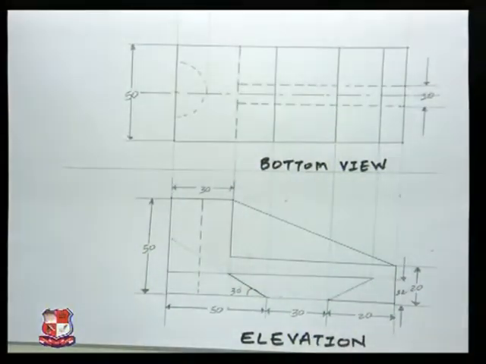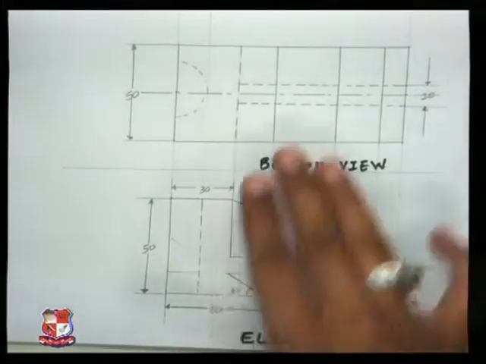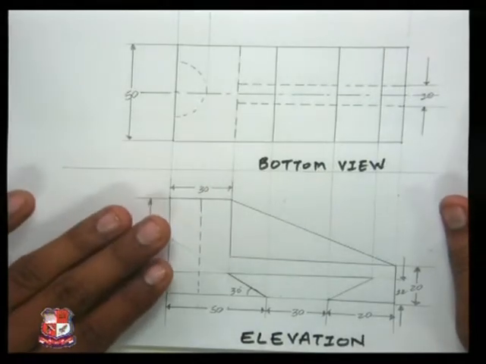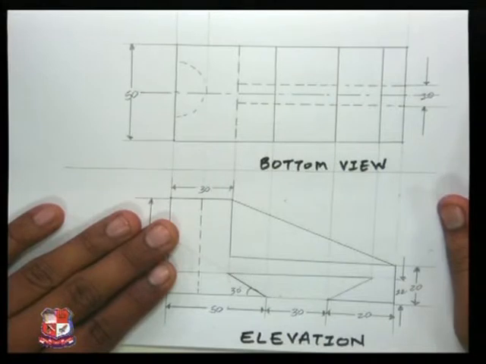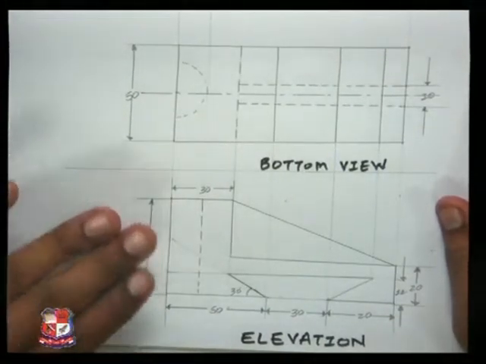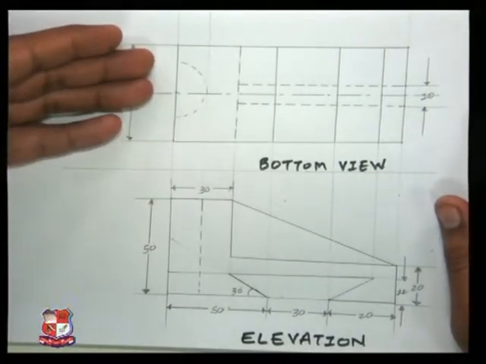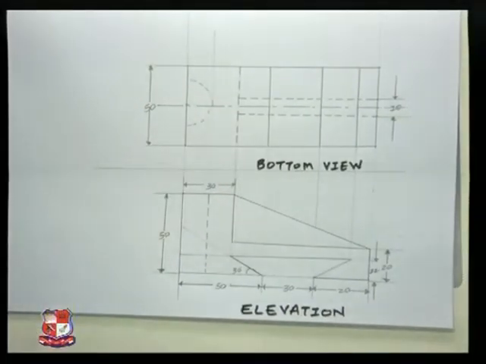So this is how you can draw both the views, elevation and bottom view. As it is in the first angle method, that's why elevation comes in the center, but top view comes in the bottom, and bottom view comes in the top. So that's why bottom view comes above the elevation. Don't forget to mention that.